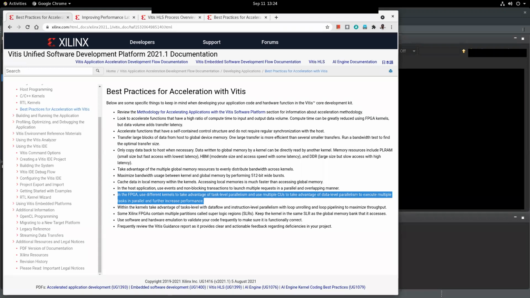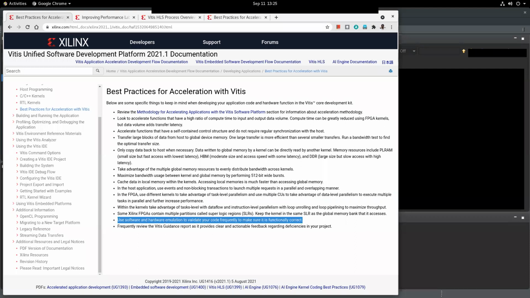So these are the few ideas I would like to share. We will revisit this page again and again. This is very important. Use software and hardware emulation to validate your code frequently to make sure it is functionally correct. When you're trying to optimize things, taking it all the way to hardware takes time.